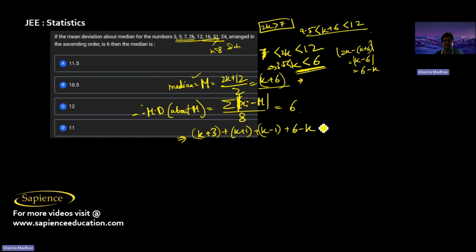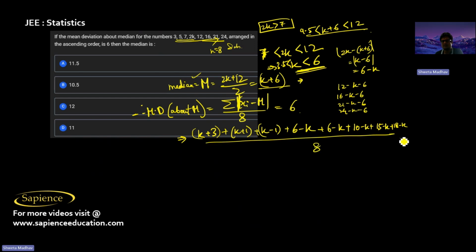Plus 12 is more than k plus 6, so 12 minus k plus 6, that is 6 minus k, plus 16 minus k minus 6, that is 10 minus k, plus 21 minus k minus 6, that is 15 minus k, plus 24 minus k minus 6, that is 18 minus k. So this thing divided by 8 is equal to 6.